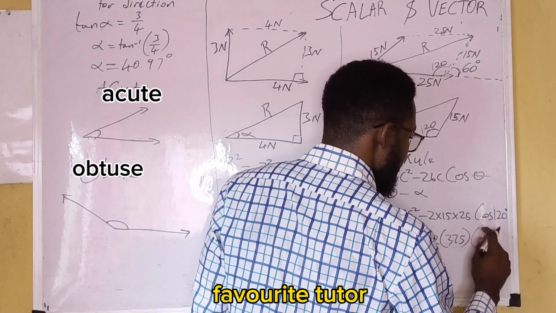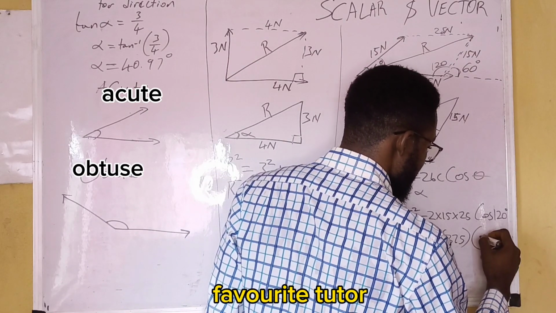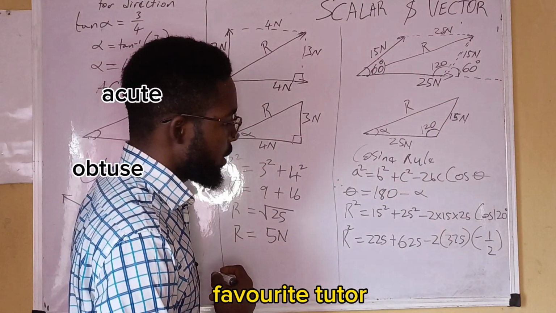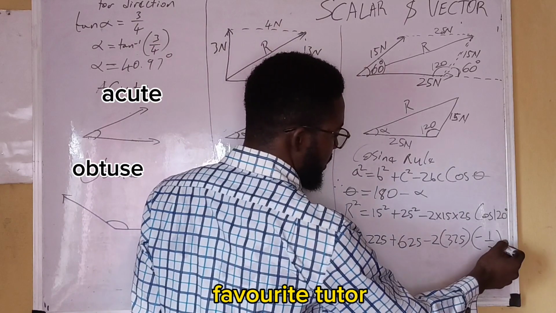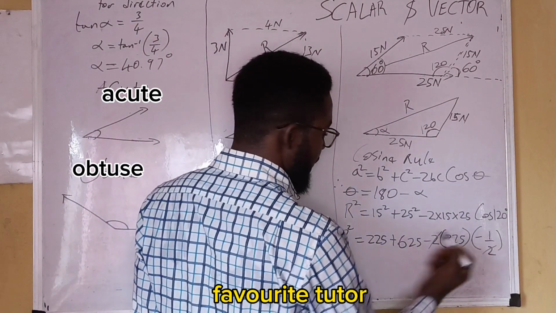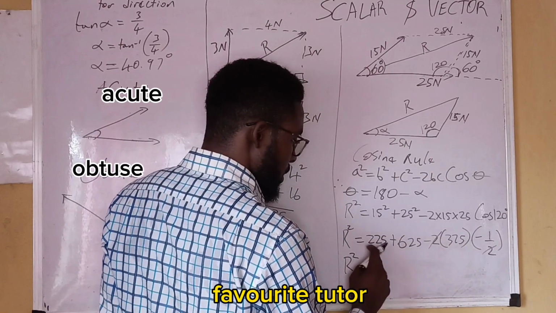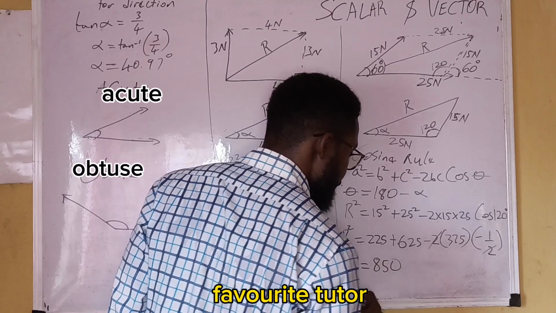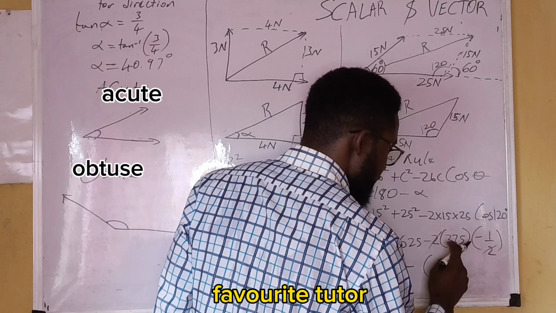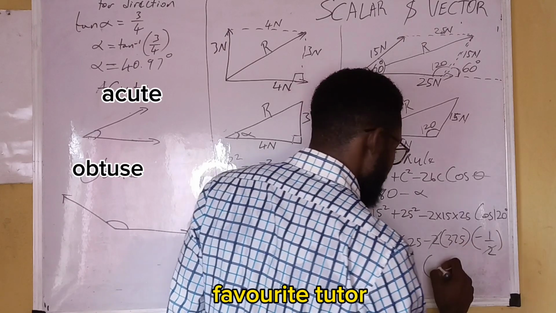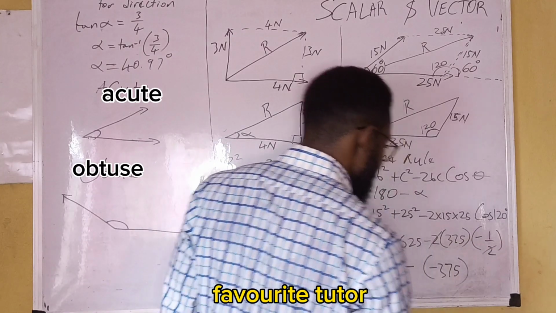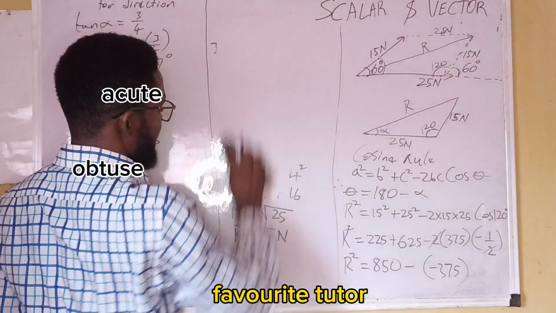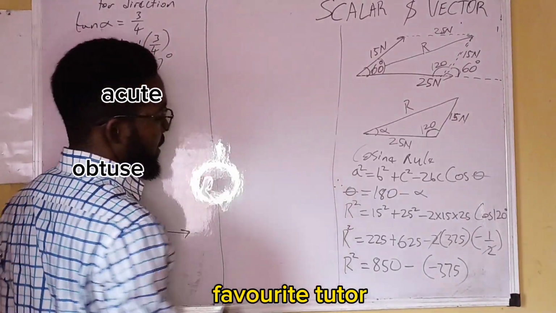Minus 0.5 is the same as minus 1 over 2. So the 2 cancels out the 2 here. So this is 225 plus 625, which is 850, minus bracket 375 times minus 1. We have minus 375.